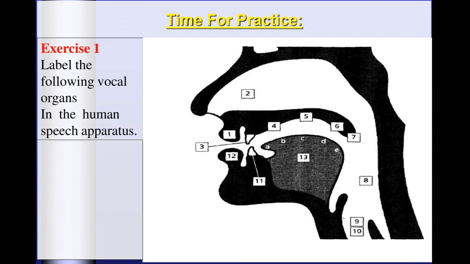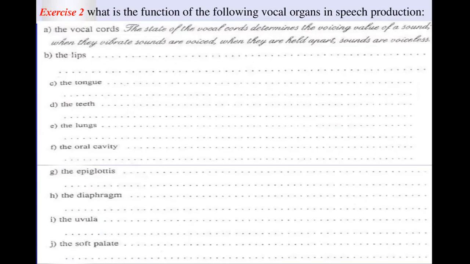Pharynx. 9. Vocal folds. 10. Glottis. 11. Lower teeth. 12. Lower lip. 13. Tongue. A. Tongue tip. B. Tongue front. C. Center of the tongue. D. Back of the tongue. E. Root of the tongue.